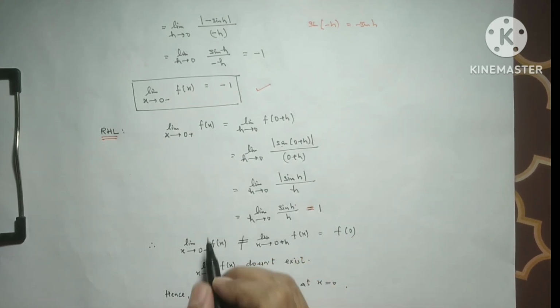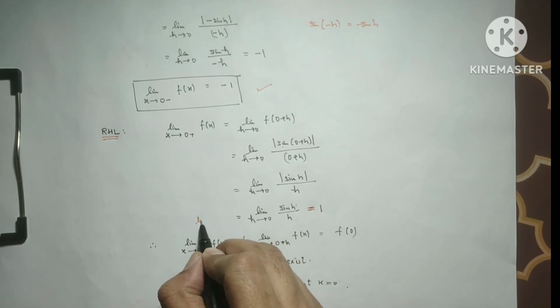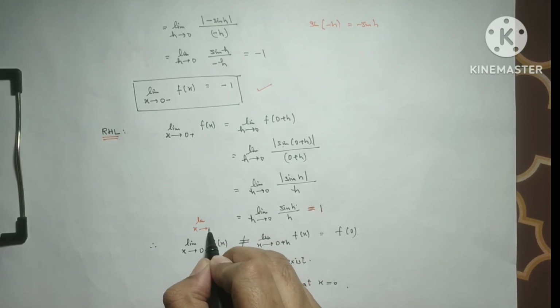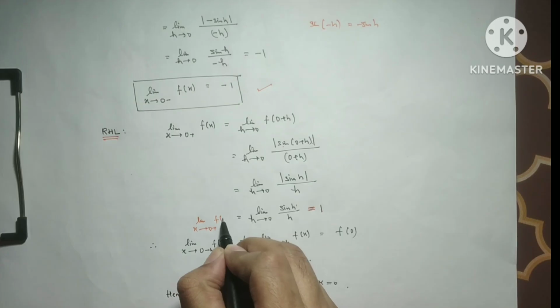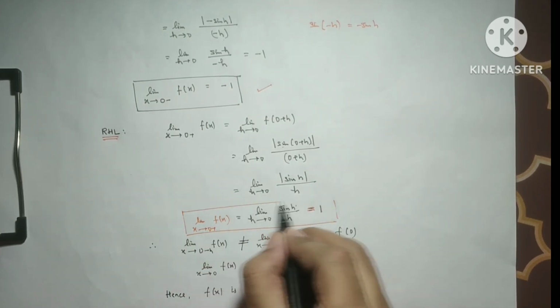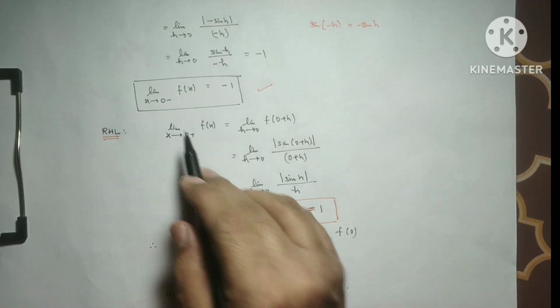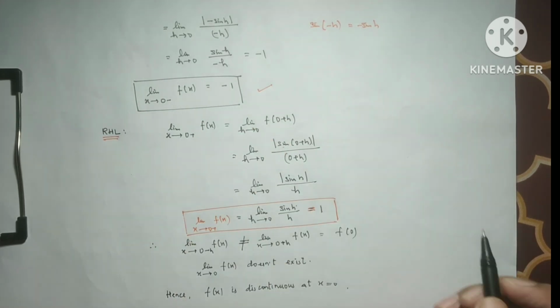So the limit x tends to 0 plus of this function gives the value 1. At the point we have value 1. At left hand limit we have the value minus 1.